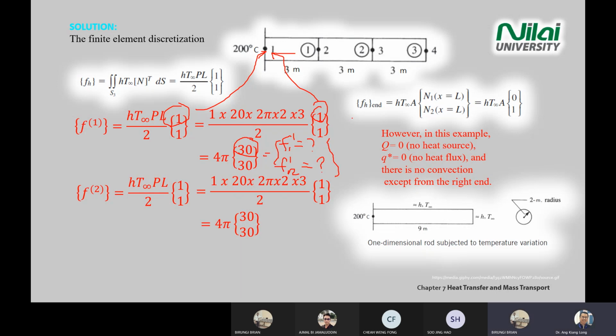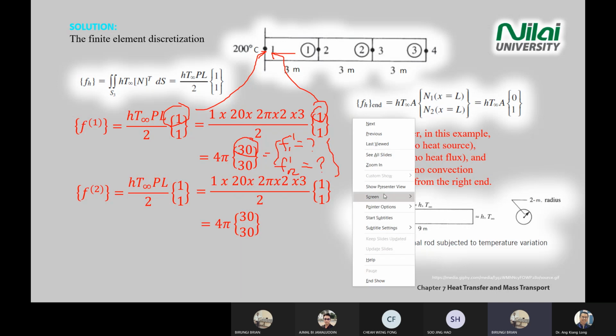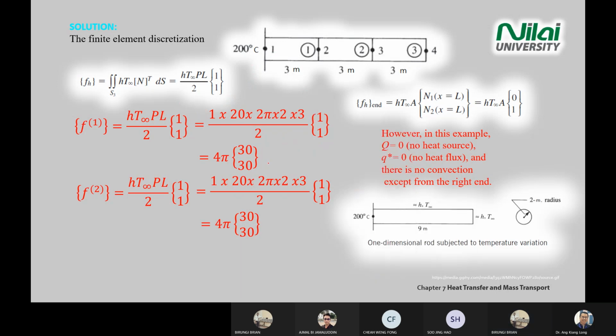So is it 376? Give your answer in pi. What is the product of these? Pi. 120 pi. Second value? 120 pi. Okay.